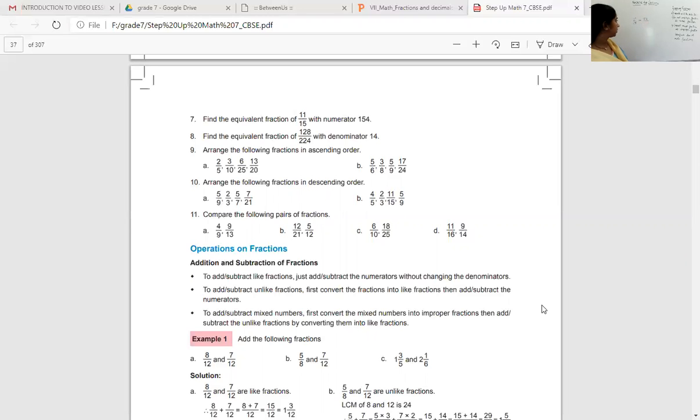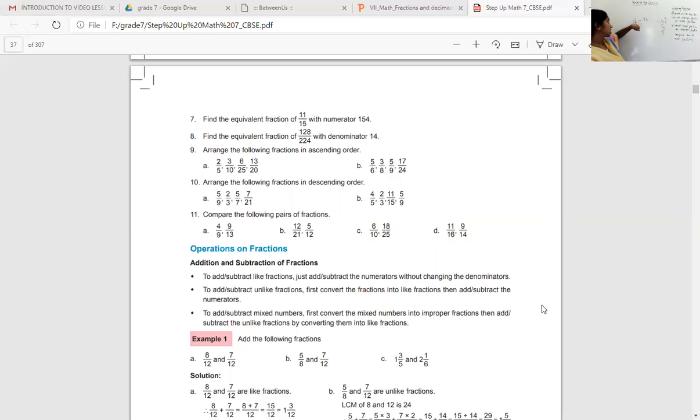So what you have to do is find how much times 11 makes 154. You can divide 154 by 11. 11 ones are 11, so 44, 4s are 44, so 0 is the remainder. So 11 times 14 is 154.